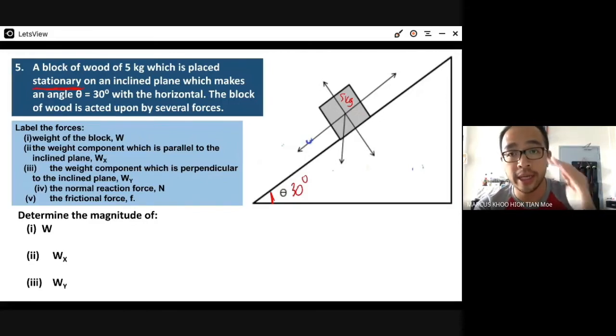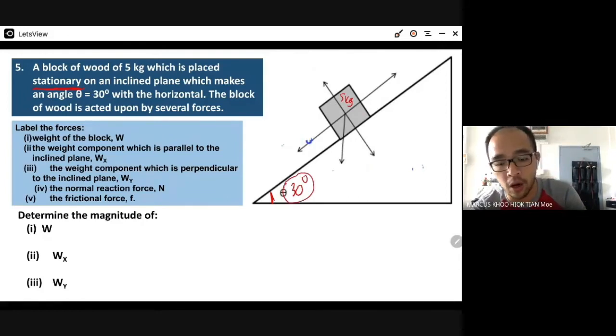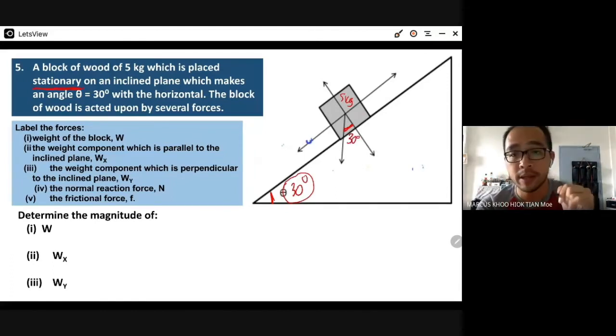Again, I have said the angle on the hill is always the same as the angle on the Y component. This one is obviously 30 already. You can prove it using mathematics and solution of triangles, but I'm not a math teacher. Ask Puan Lim to prove it for you. Right now just accept it as it is.